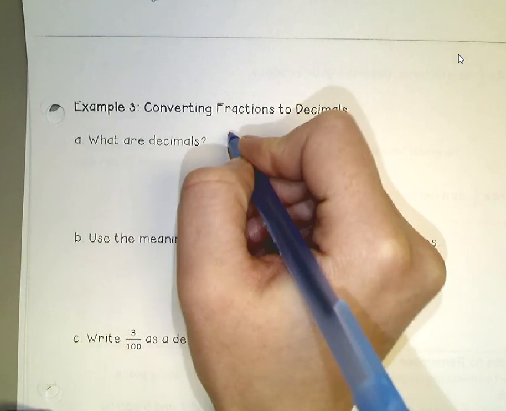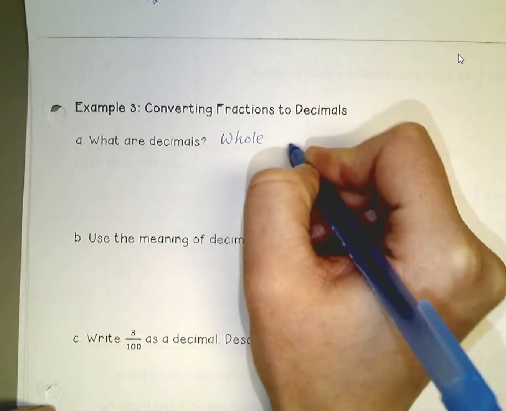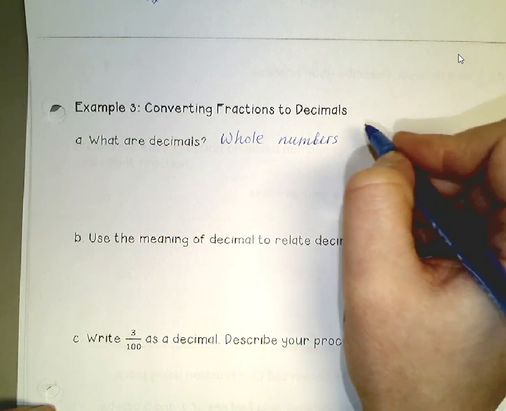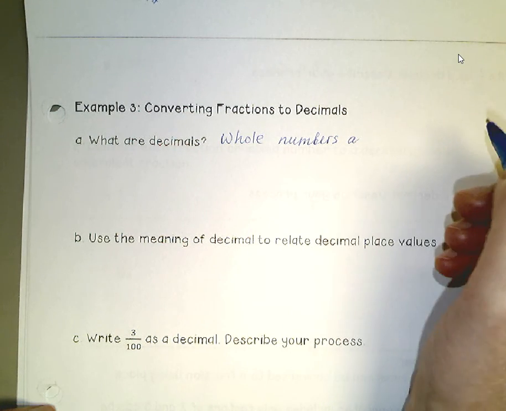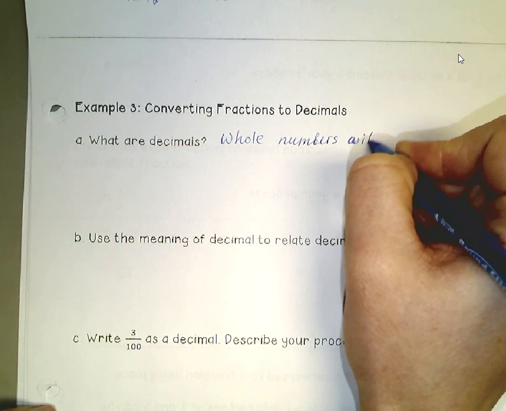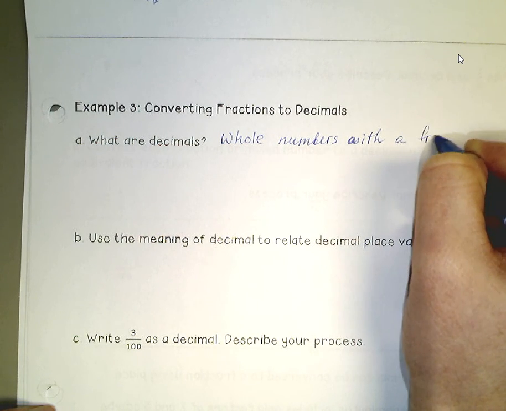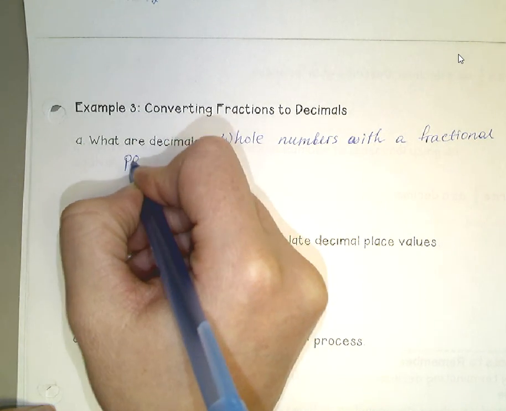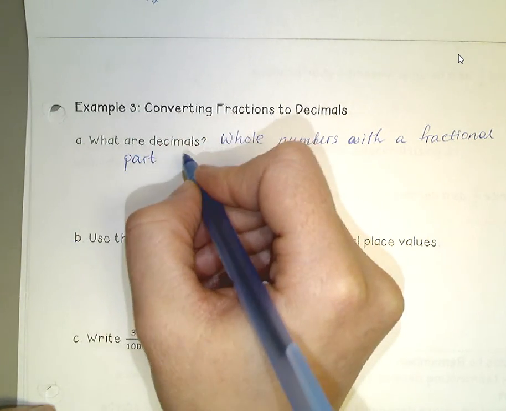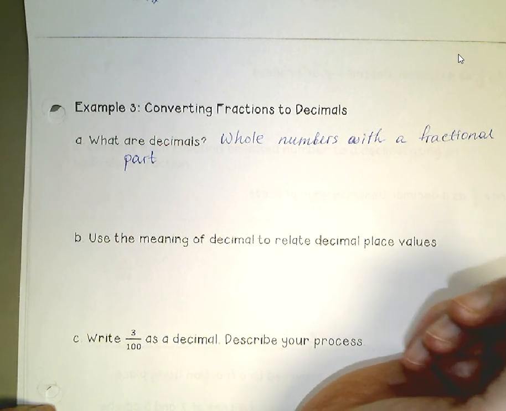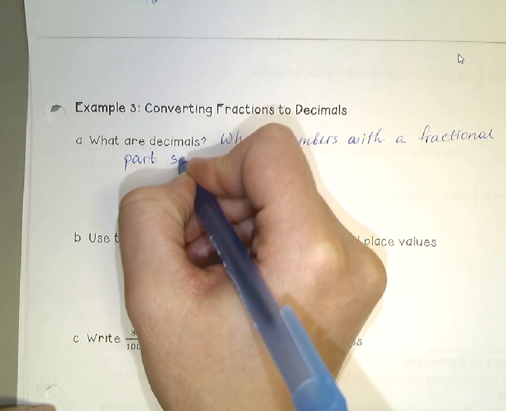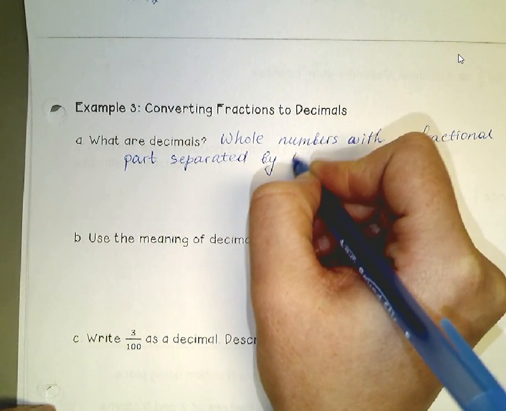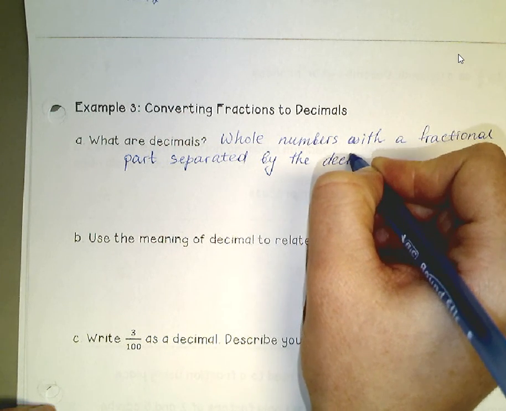Decimals are whole numbers and fractional numbers, with a fractional part, separated by the decimal point.